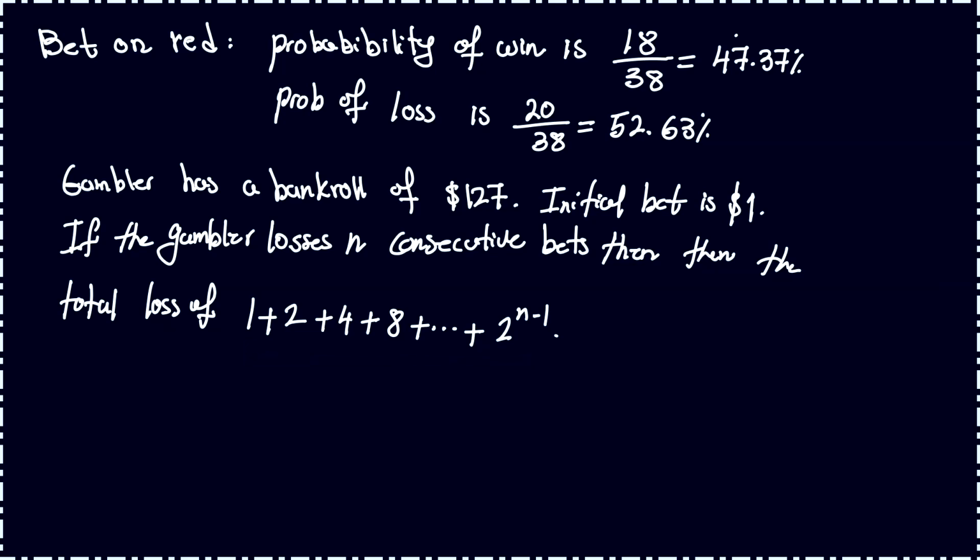There is a formula to this, which is going to be the initial amount, 1 in this case, times 2 to the power of n minus 1, divided by 2 minus 1. Here 2 is the fact that the money is being doubled. That's called the ratio of the geometric series.